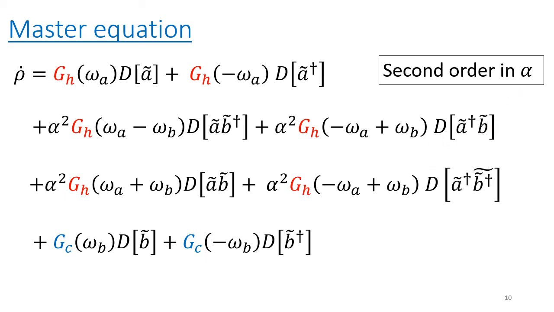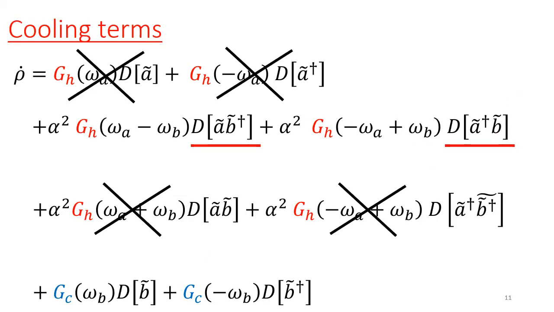Okay, so by making an analogy with laser sideband cooling, we know that in order to have sideband cooling, we need to pump the cavity on the lower sideband, which results in a beam splitter interaction. If you see these G functions, these are at the lower sideband.